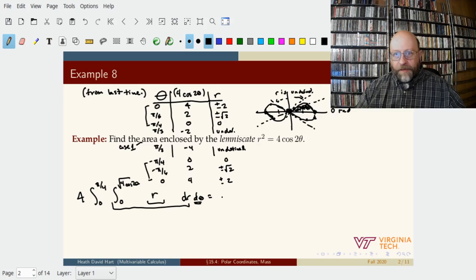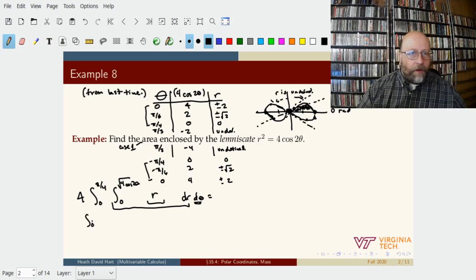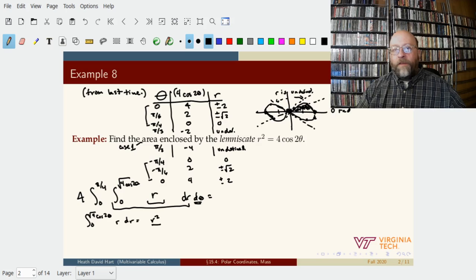The inside integral is r squared. Let's just work this out on a separate line here. 0 to root 4 cosine of 2 theta, r dr is r squared over 2 from 0 to the square root of 4 cosine 2 theta.